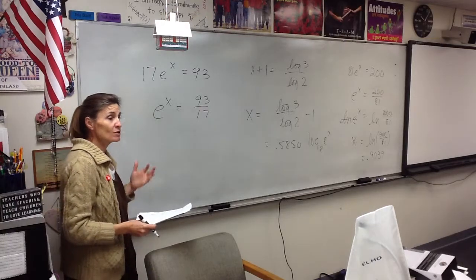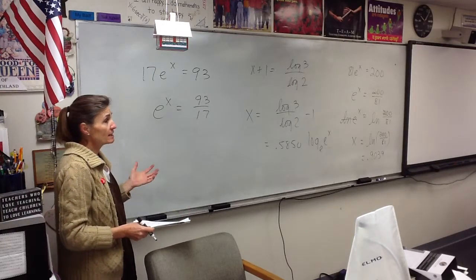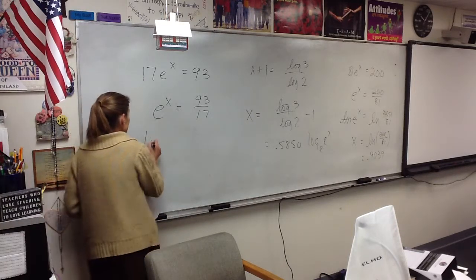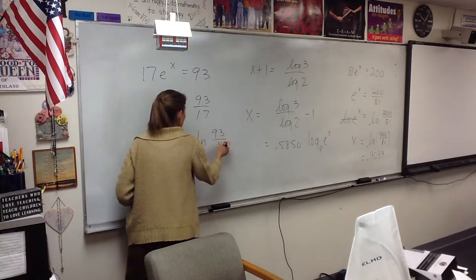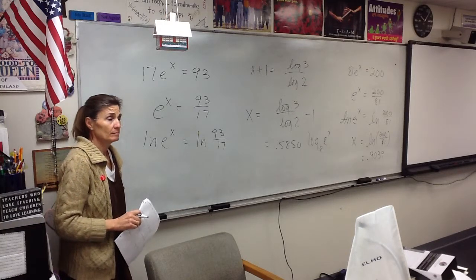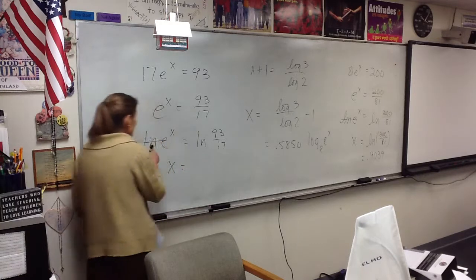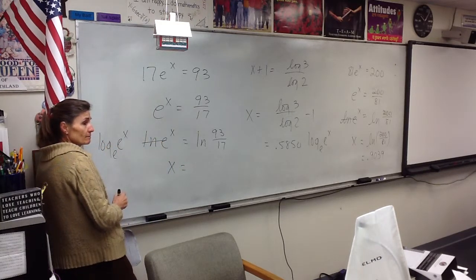Now at this point you have a choice. You can log both sides, or you can ln both sides. ln is so much easier because there's an e. So I'm going to ln both sides. What is ln of e to the x? Just x, because this means log base e of e to the x.